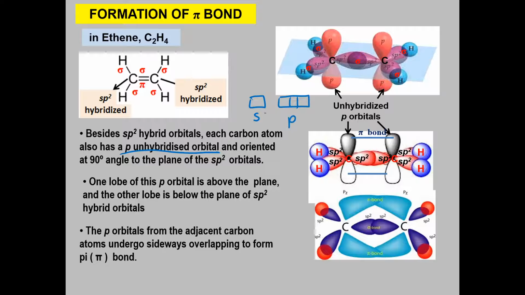So, dia ambil this and dua dari p, making sp2. Okay. Now we are using hybridization punya teori untuk explain pi bond. Okay. Macam mana pi bond boleh terbentuk.